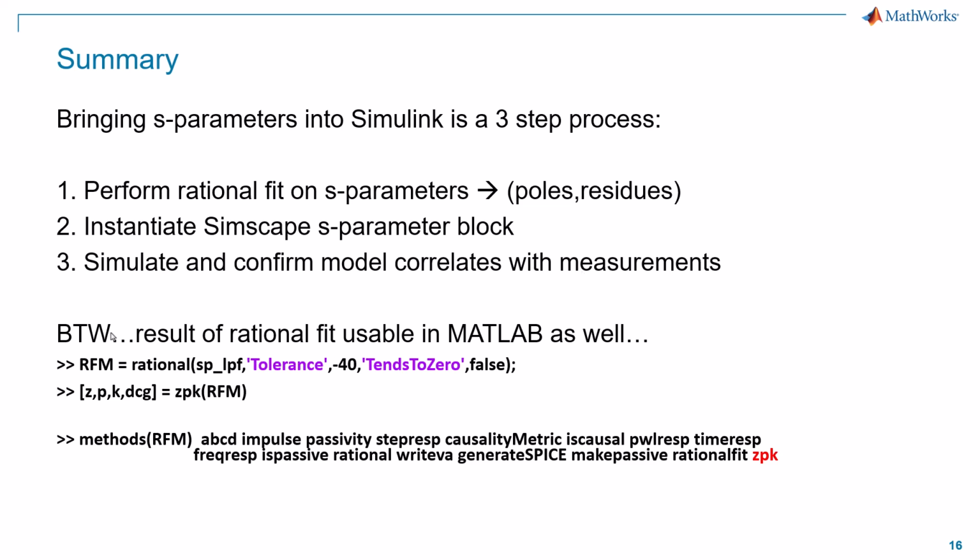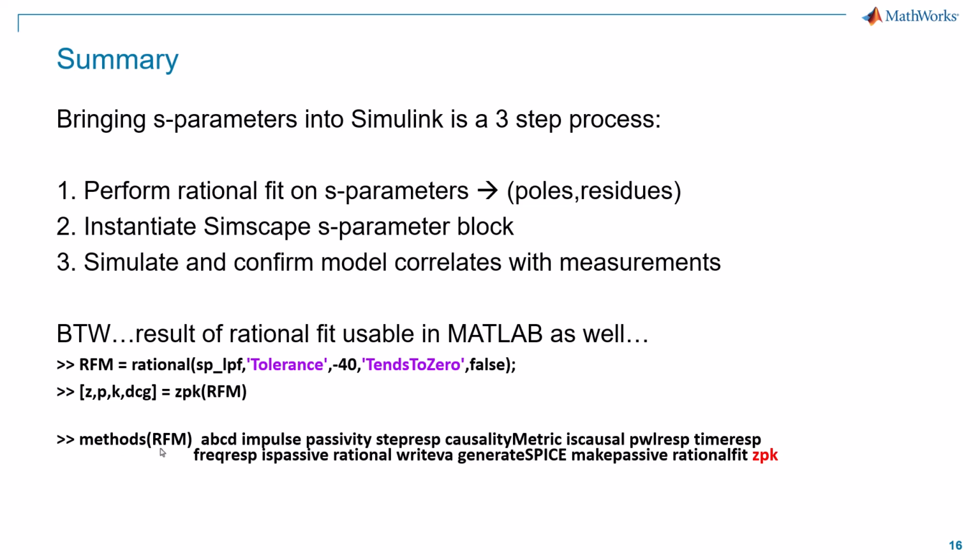Now you can, of course, also use the results of your rational fit over in MATLAB as well, not just Simulink. So you do your rational fit, as I showed before. You're going to get this variable, this rational fit object, our variable RFM, and then there are various methods or functions you can apply to that rational fit object, one of them being zpk for zero pole gain, and that will give you back your zeros, your poles, and your gain, also your DC gain term as well, from that rational fit model description.